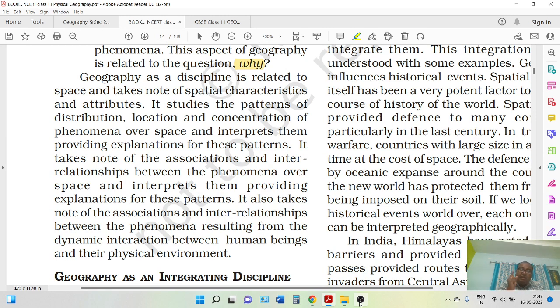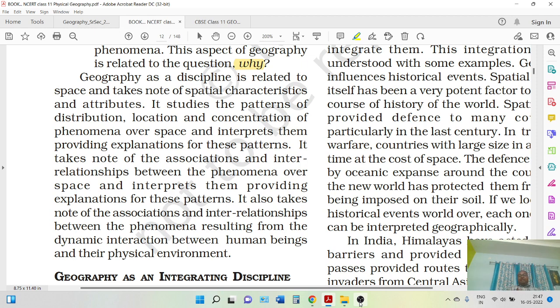Fourth, areal differentiation: how areas are different from one another, and what phenomena are going on in the earth. Are we responsible for that or is nature responsible? Due to our deeds, what will be the future of our planet? What will be the future of us, our generation? These things we have studied till now in geography.